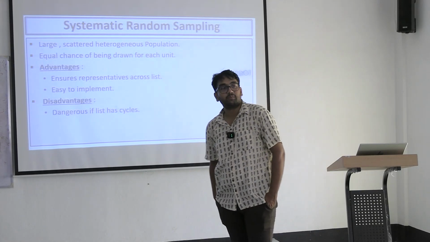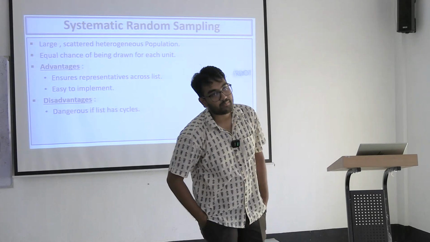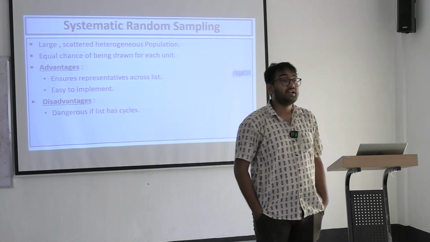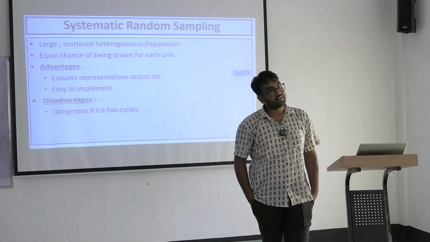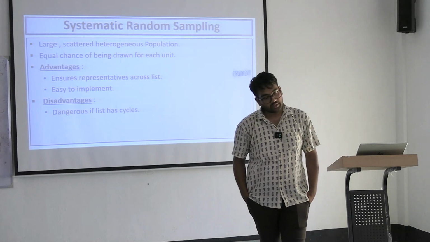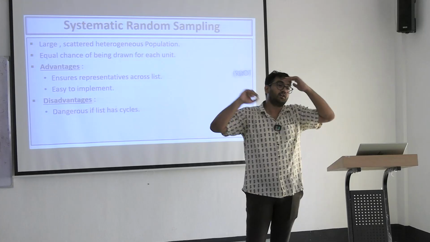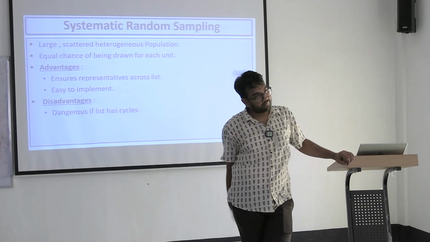From these 12,000 patients, I need to select 100. That means I need to select 1 patient in every 120 patients. So what is 12,000? 12,000 is my estimated sampling frame.